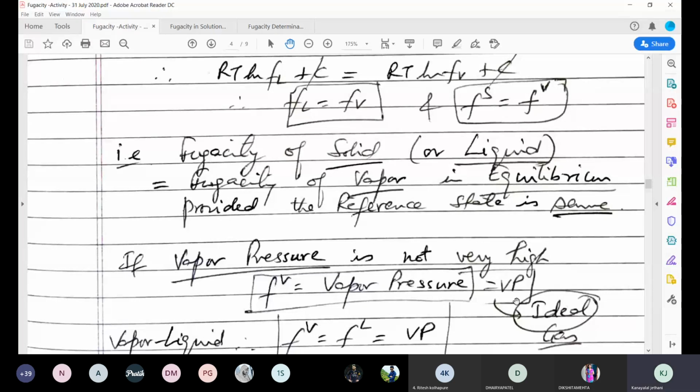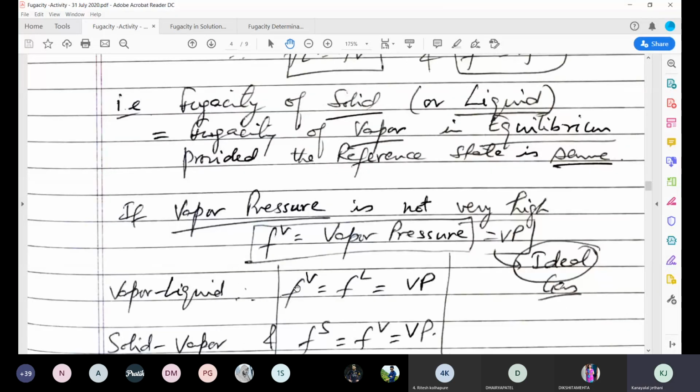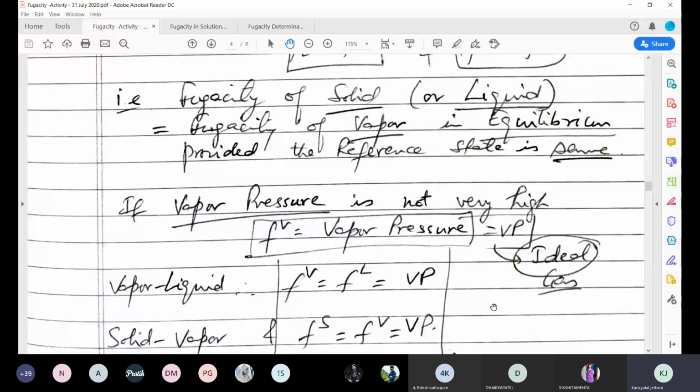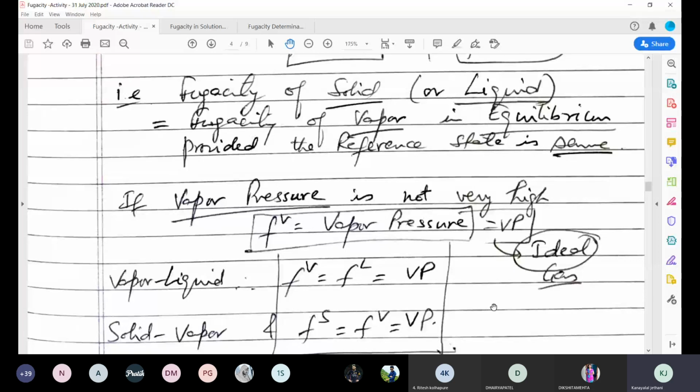And for equilibrium, fV, that's fugacity in the vapor phase, equals fugacity in the liquid phase, equals vapor pressure. And similarly for solid vapor, fugacity in solid phase equals fugacity in vapor phase equals vapor pressure. So this is the solid vapor and liquid vapor equilibrium condition.